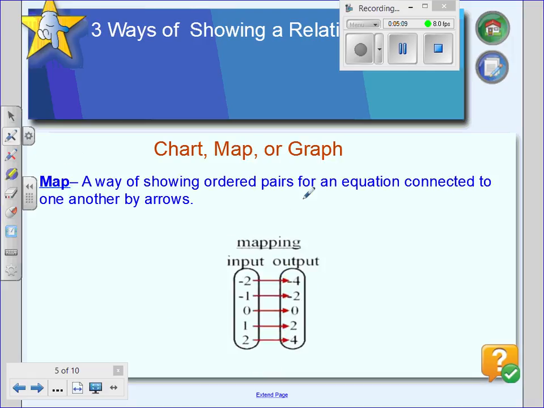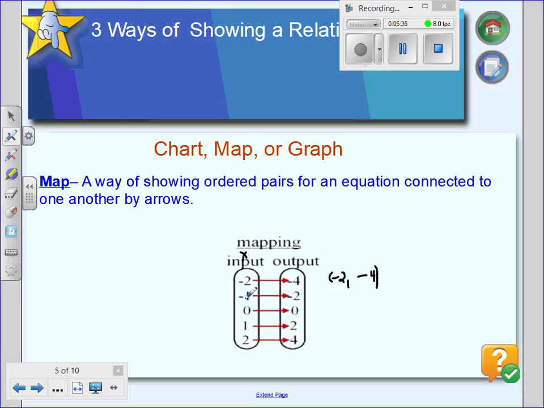So a map is similar to a table in that we list the x's and list the y's, but instead of grid lines, we will connect the x value with its y value with an arrow. So we're showing that -2 is the x, or the input, and its output is -4, meaning that creates the point (-2, -4).